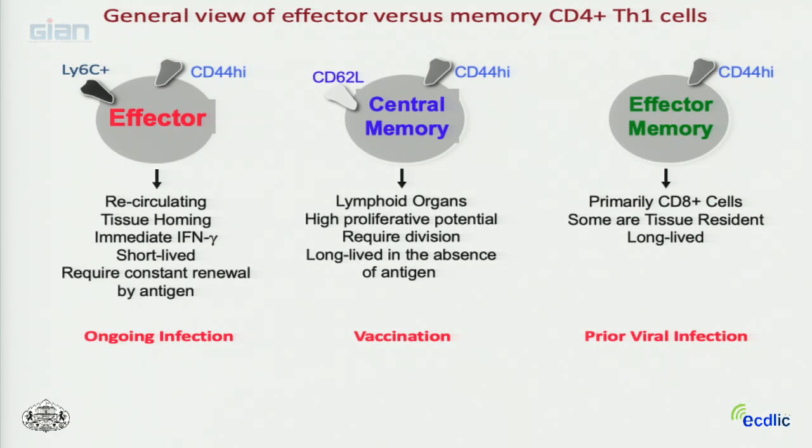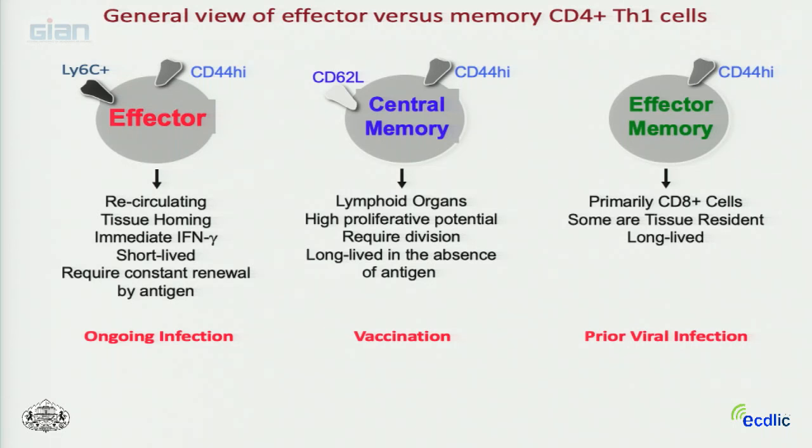So let's really focus on the difference between effector cells, which are the cells that actually do the work, that go to the sites of infection and start releasing the cytokines to activate cells for killing. So the effector cells have these markers. They're Ly6C positive.